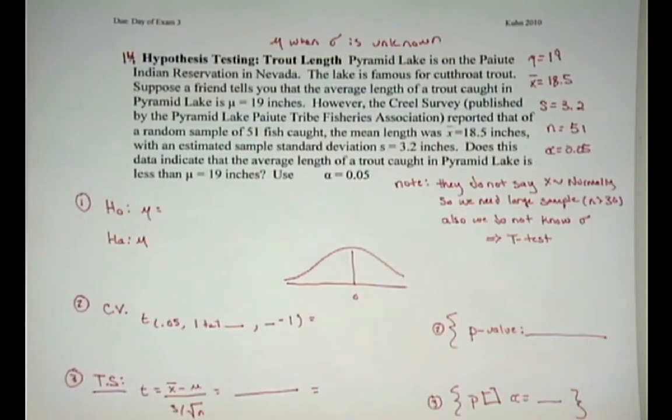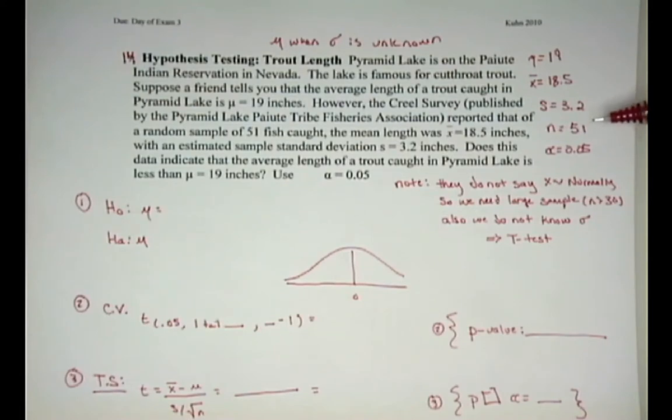Now, in other courses, or depending on who you are, some people think that if you have a large enough sample size, greater than 30, then you can use a z-test, meaning you can use the sample standard deviation to estimate sigma and proceed with a normal distribution. And that's acceptable.